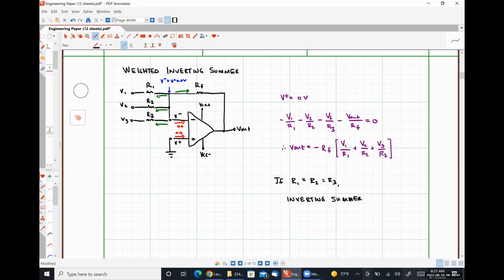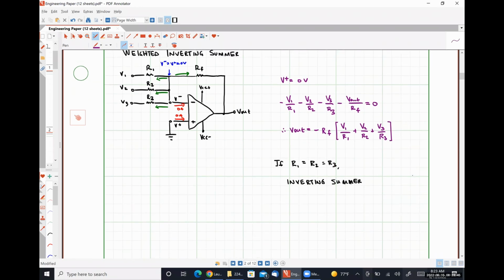And our input-output relationship would then become V out is equal to negative RF over R1 times V1 plus V2 plus V3.